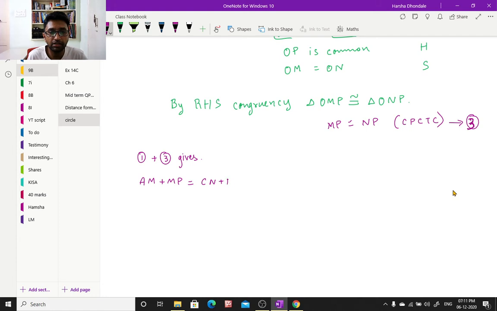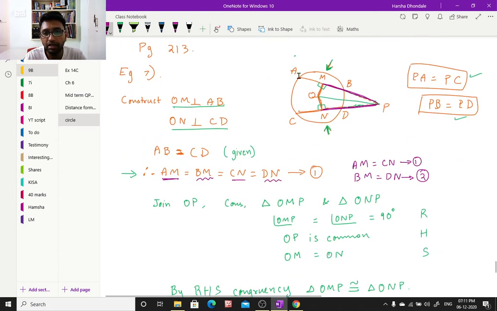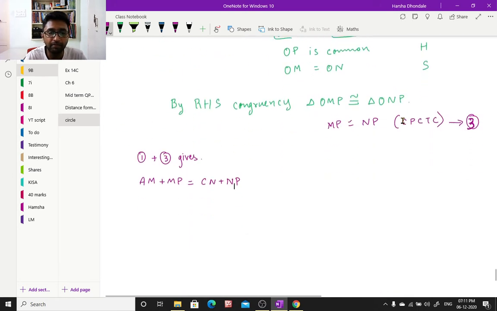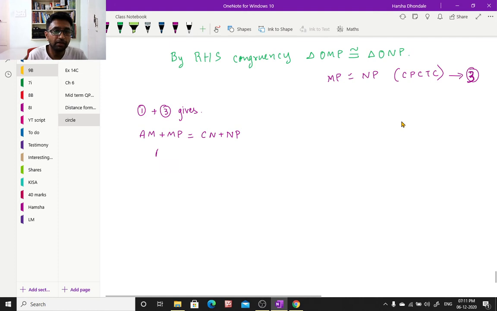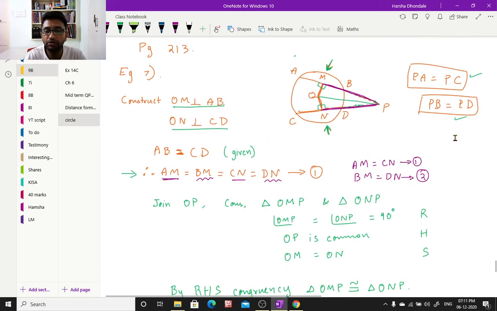I am adding the left hand sides and the right hand sides. Now see the diagram, AM plus MP is nothing but AP, and CN plus NP is CP. So AP is equal to CP. Yes, this is the first result that we are supposed to prove.